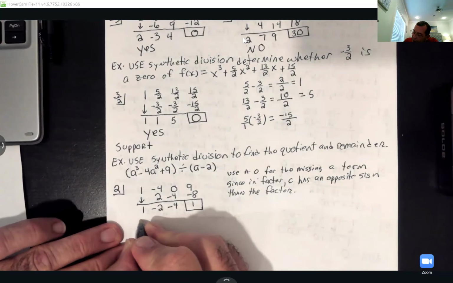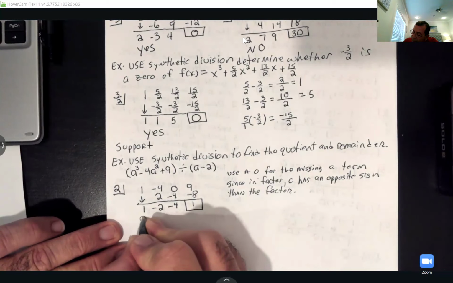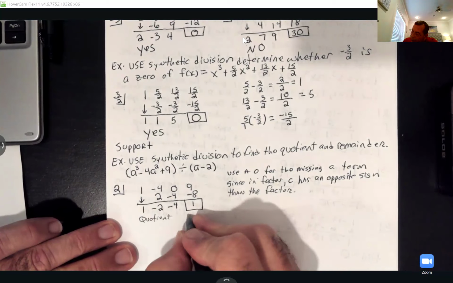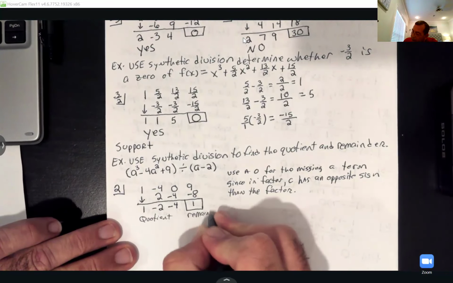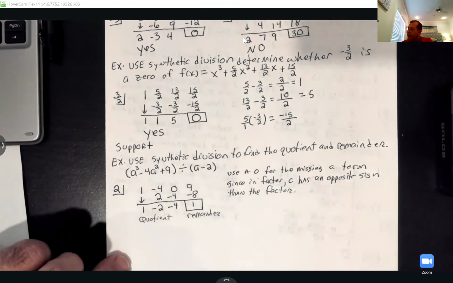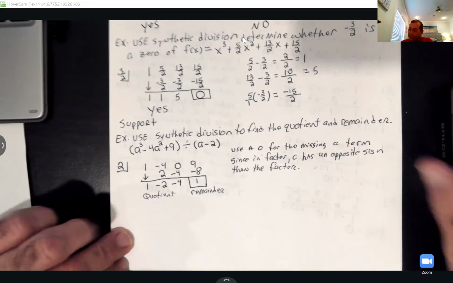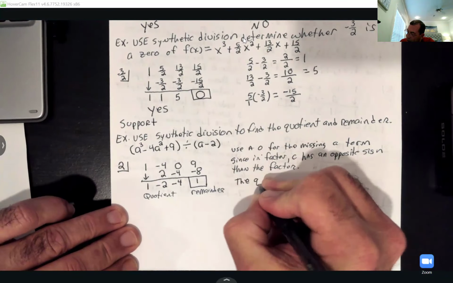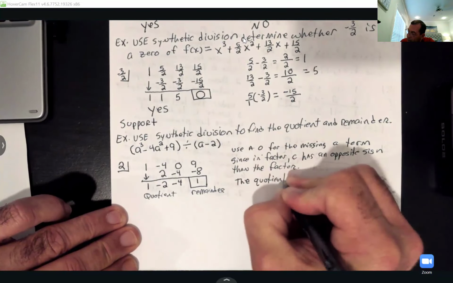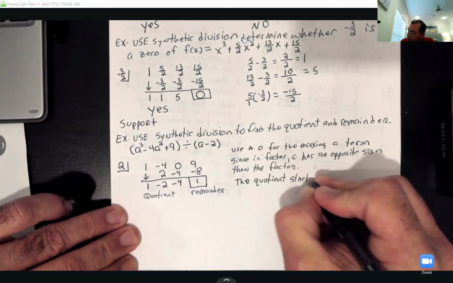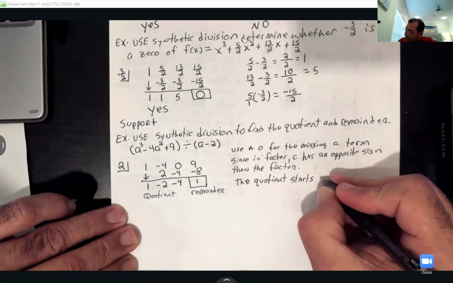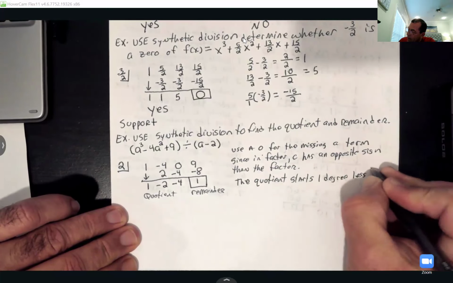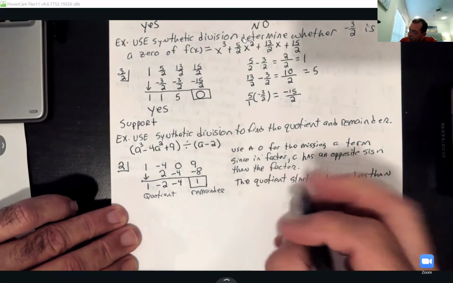So y'all, let me show you. This part right here, these 3 numbers, we're going to get our quotient from. This 1 over here is my remainder. So here's the thing on this. The quotient starts 1 degree less than the original polynomial.